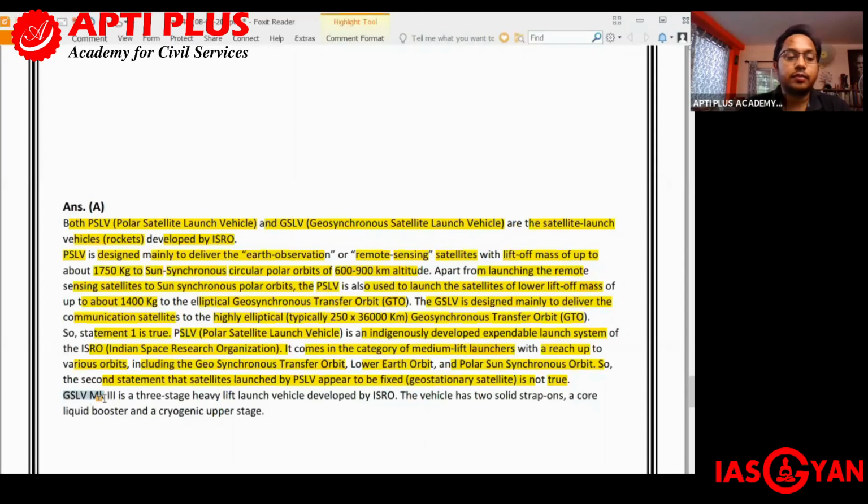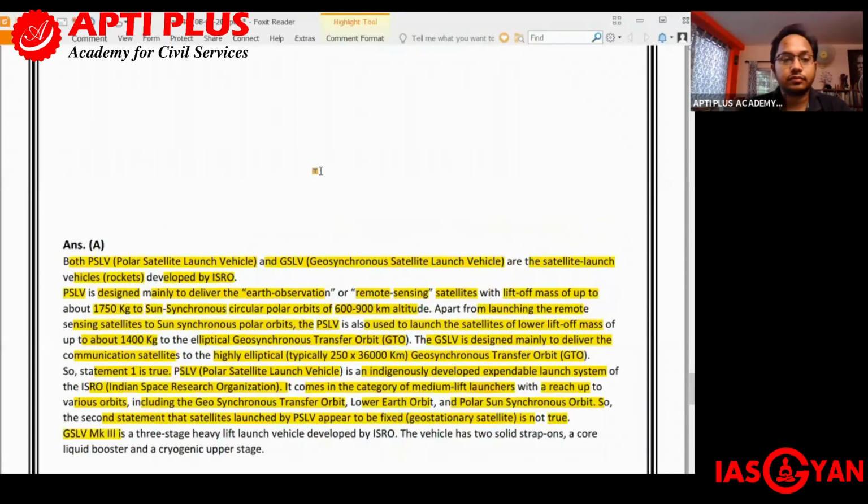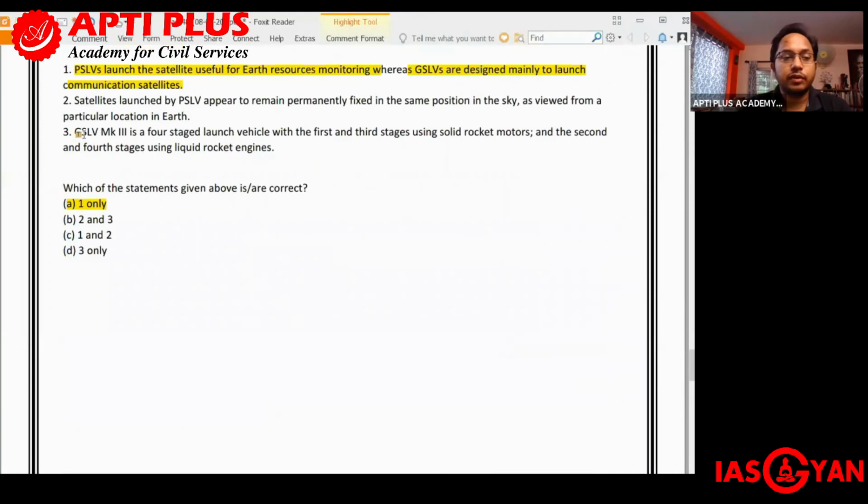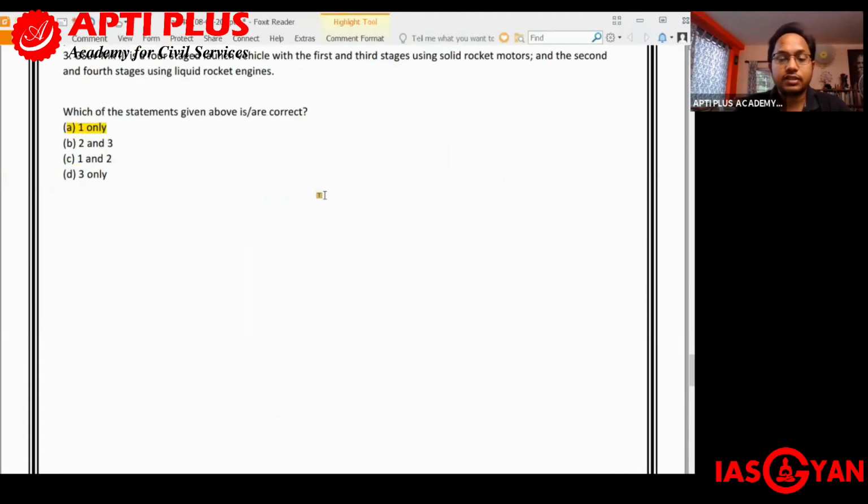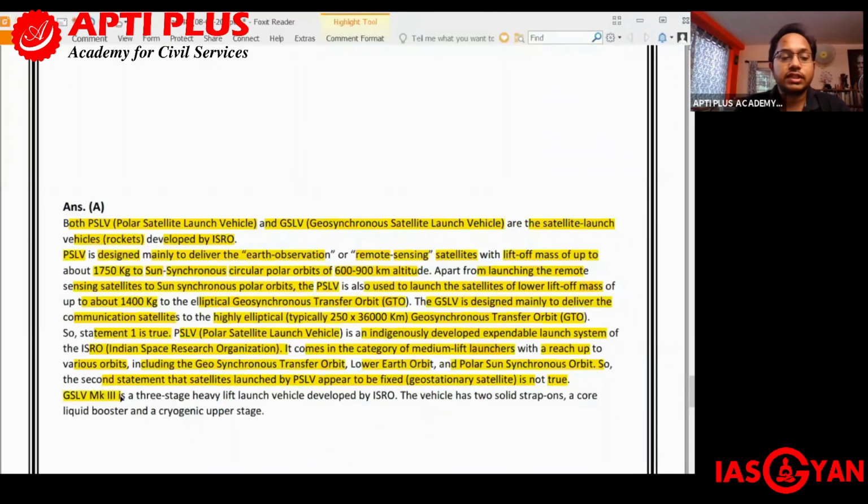Next, GSLV Mk3. If you look at the third statement, it was saying that GSLV Mk3 is a 4-stage launch vehicle with the first and third stages using solid rocket motors and the second and fourth stages using liquid rocket engines. Over here we get to see that GSLV Mk3 is a 3-stage heavy lift launch vehicle and not 4-stage.